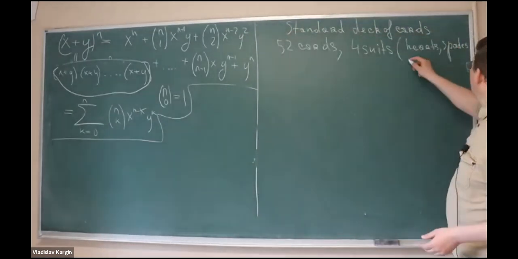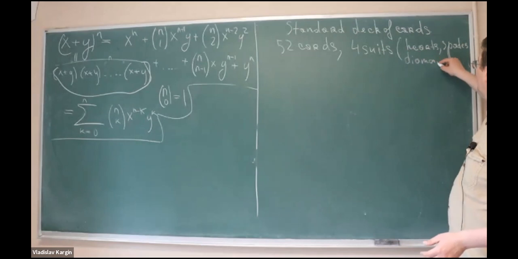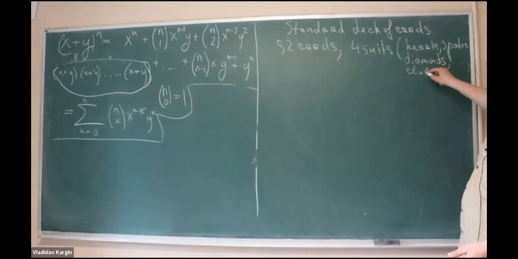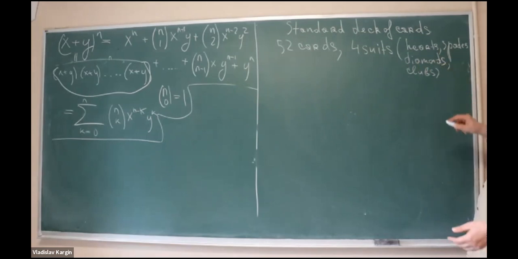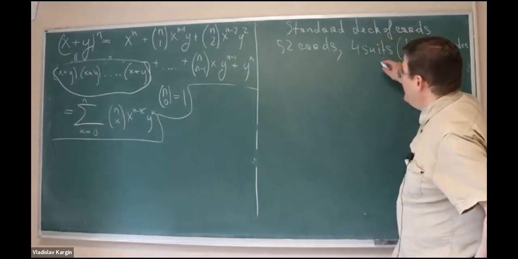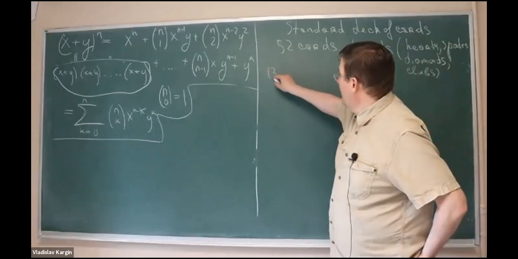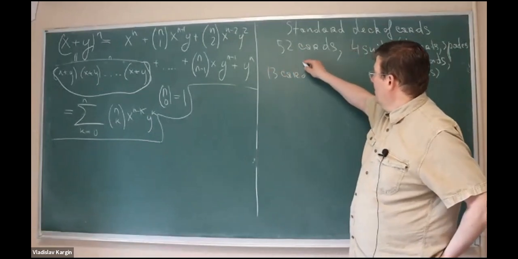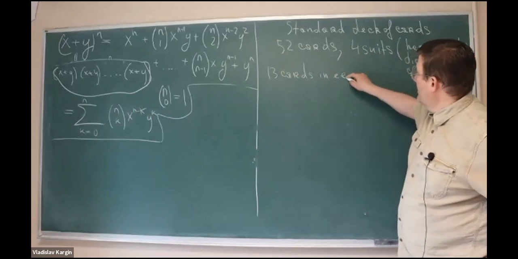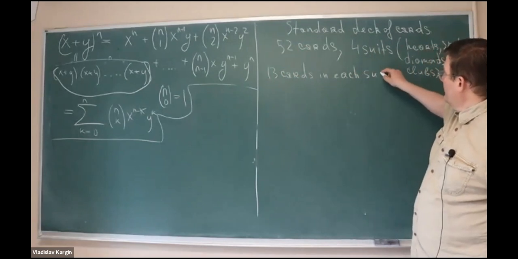So diamonds, and clubs. Now, 4 suits, and every suit has 13 cards, right? So 13 cards in each suit.